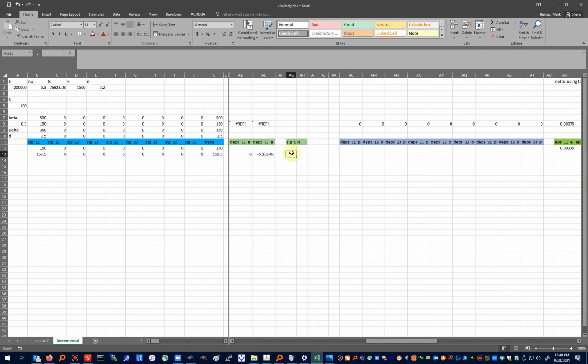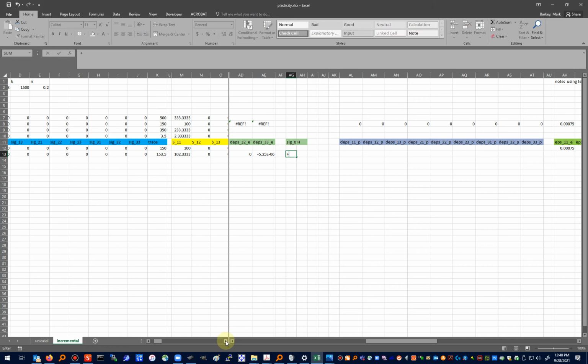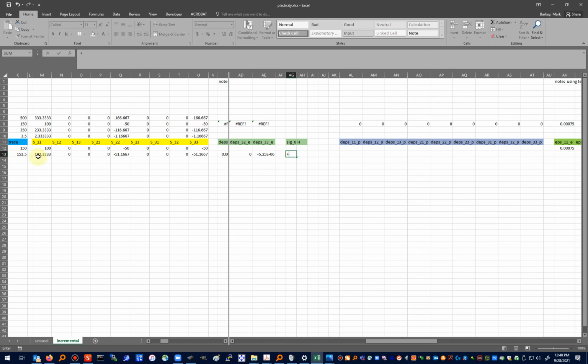So now I'm going to go, let's do this. We'll put in some brackets later, but let me find my previous deviatoric stress state. That's going to be these values here. So I need to do this squared plus this one squared, plus, and so forth.